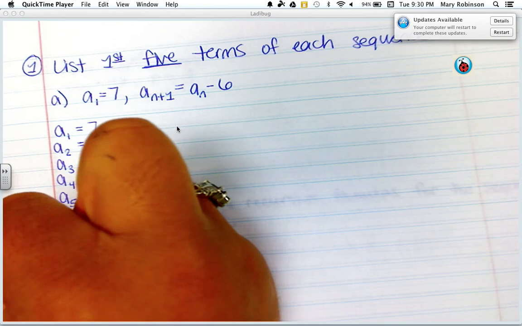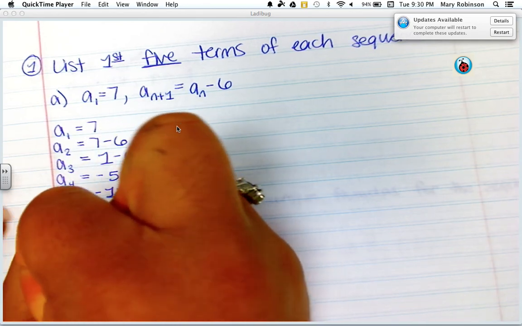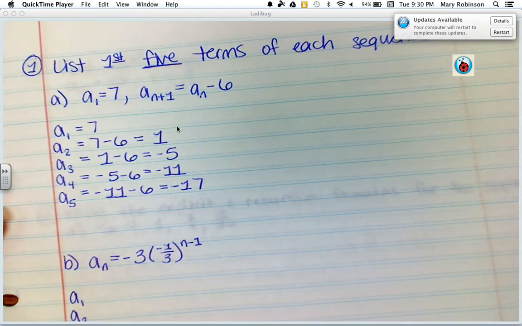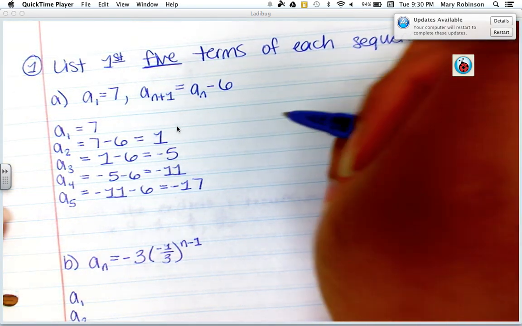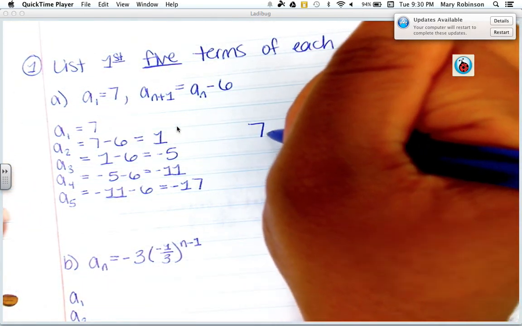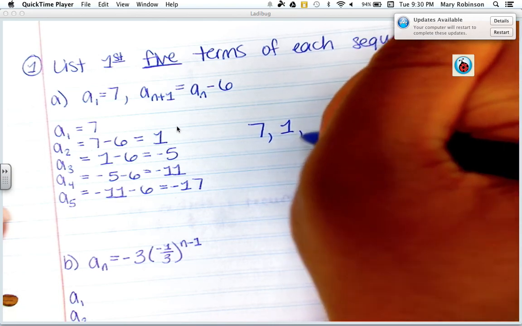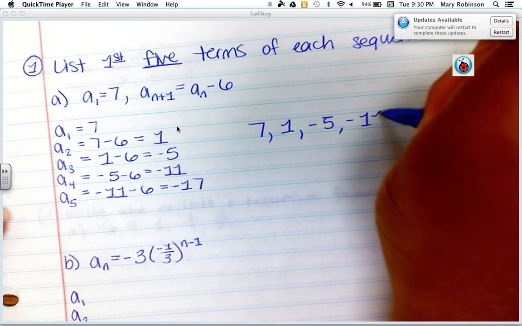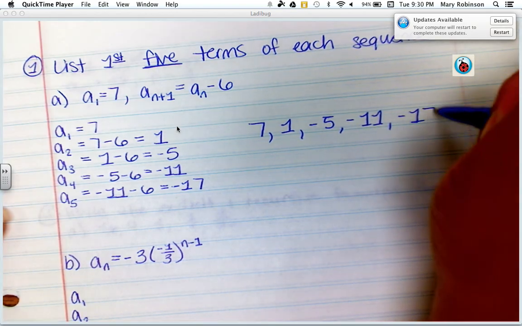So negative 11 minus 6, and that gives us negative 17. So the first 5 terms of the sequence are 7, 1, negative 5, negative 11, and negative 17.